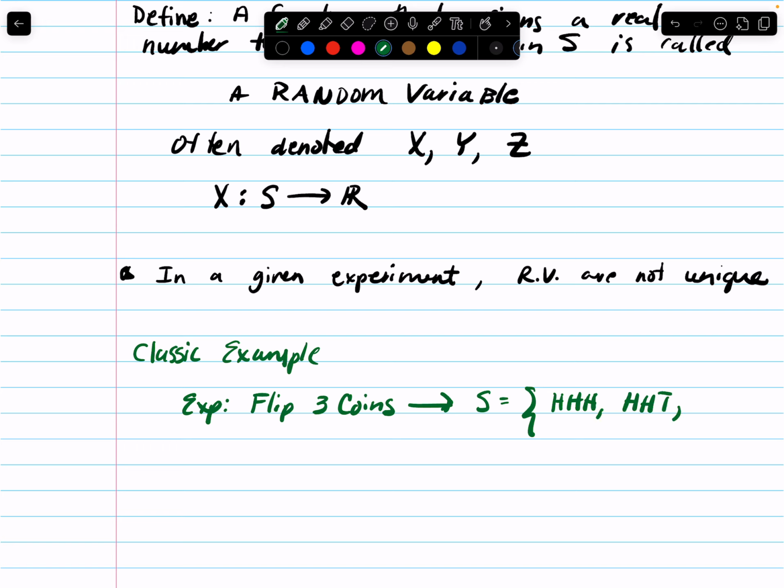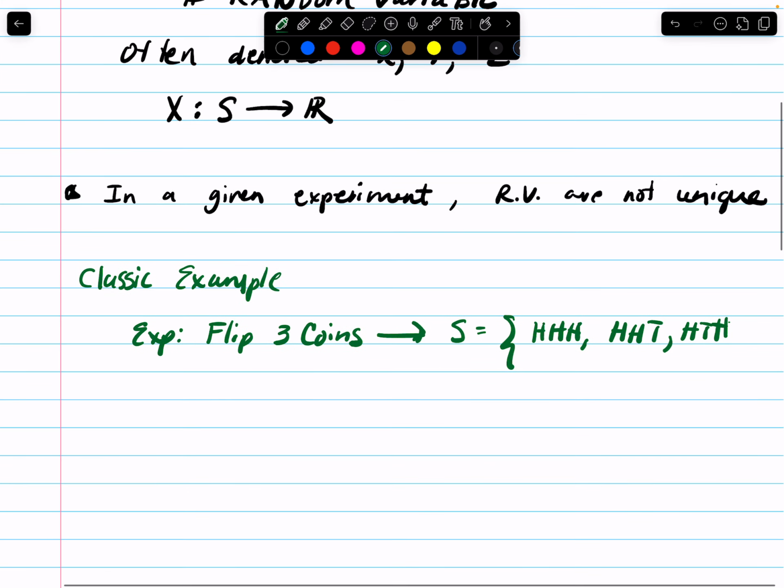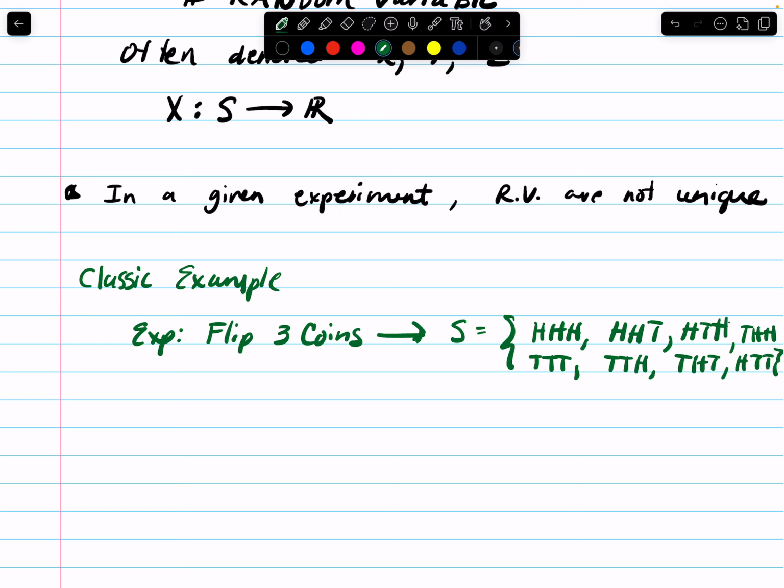Heads, heads, heads; heads, heads, tails; heads, tails, heads; tails, heads, heads, and then we do the same thing with tails. Tails, tails, heads; tails, heads, tails; heads, tails, tails; tails, tails, tails. So the size of our sample space is 8, and S is the set of all those possible outcomes.